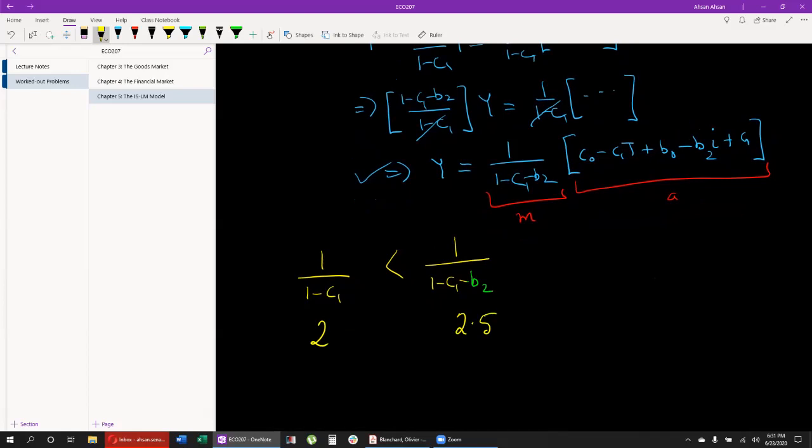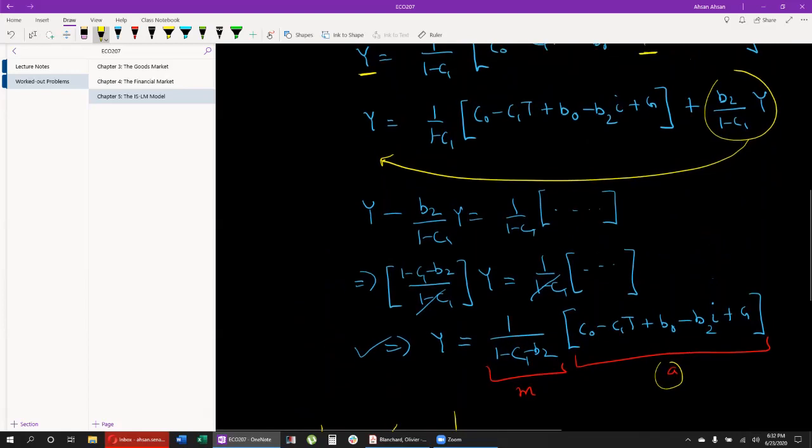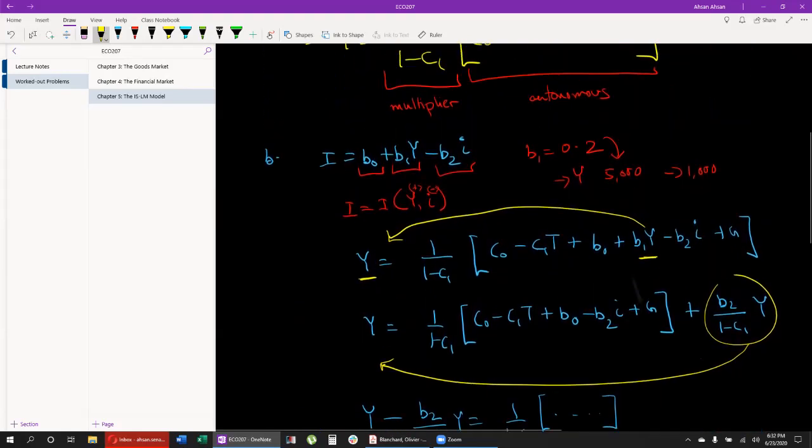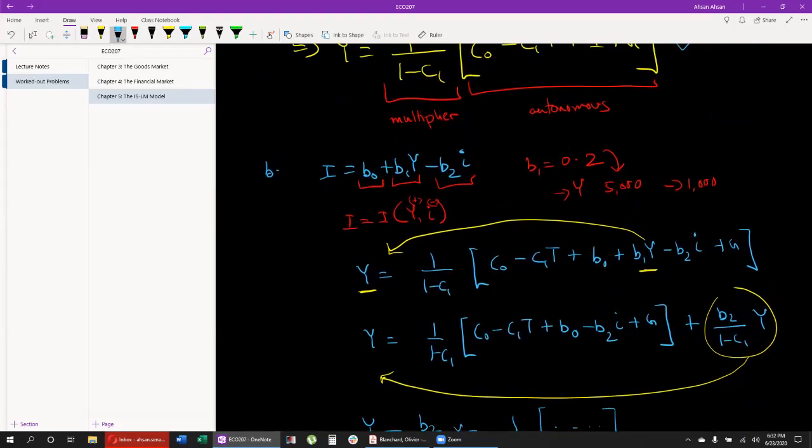So why is a rise in autonomous part of the demand having a greater effect on the economy now? And the question, once again, you have to think about it, is that the one thing we have changed is right here. So we have endogenized the investment.